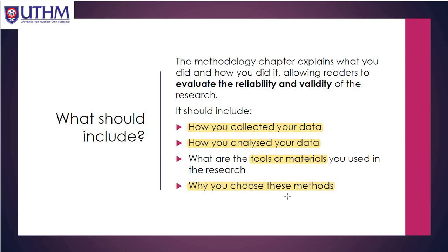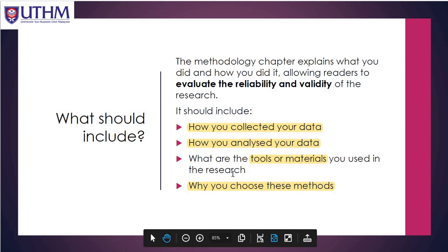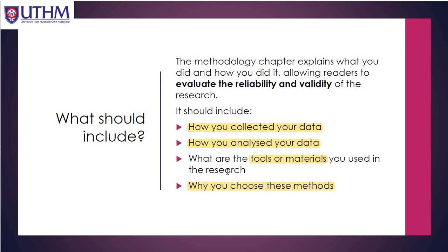From each technique, you summarize the drawbacks, the benefits, or the remarks of this method. Then at the end of this summary, you say, in this research, I will choose this method because of this reason. Similarly, in chapter 3, you also need to explain why you choose this method, because normally the panel will ask you why you chose this method and why you did not choose that method. So you should prepare for this kind of question.